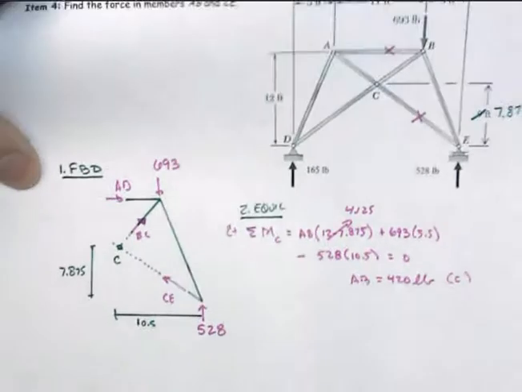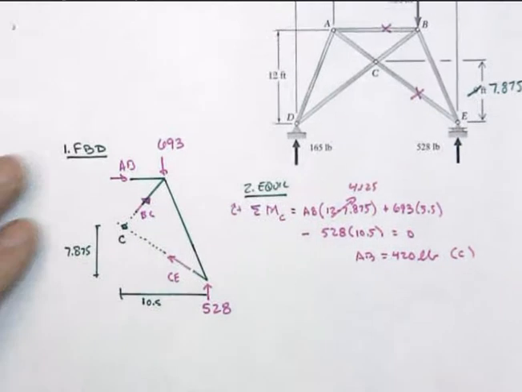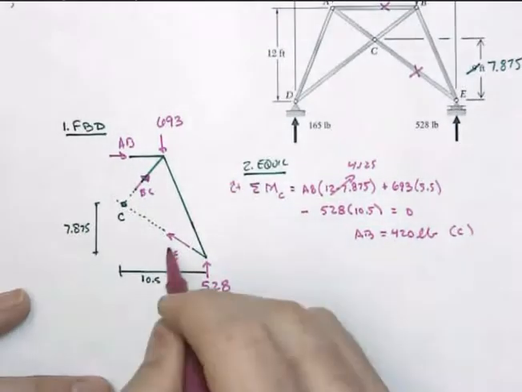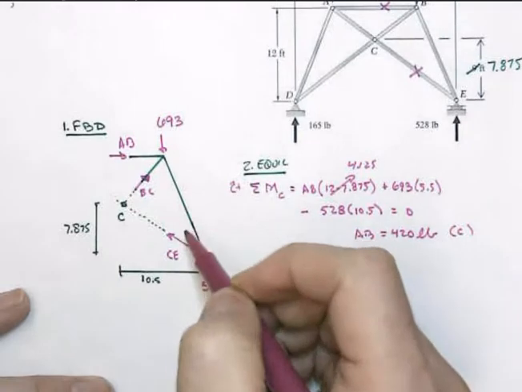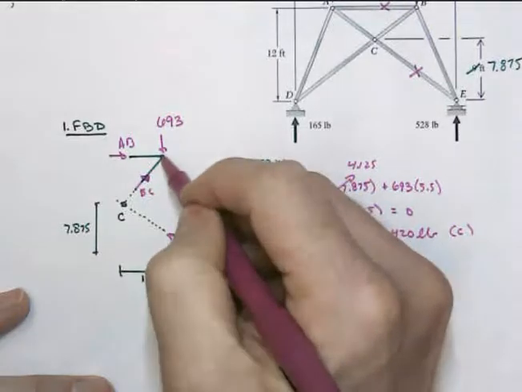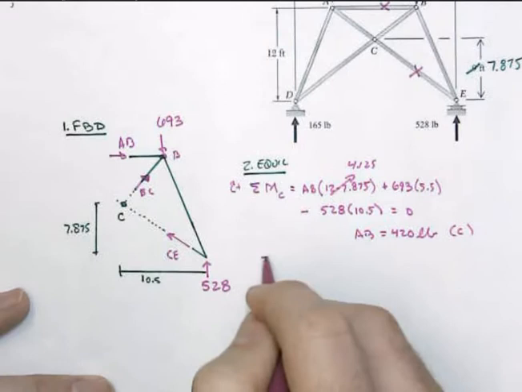For finding CE, I want to think about how I can get rid of as many things as possible. And if I go about point B, then I can get rid of the two member forces. Looks like I can, now let's take clockwise positive again.